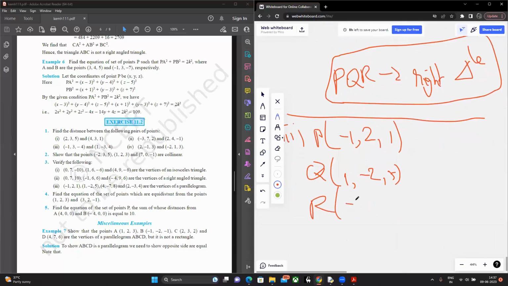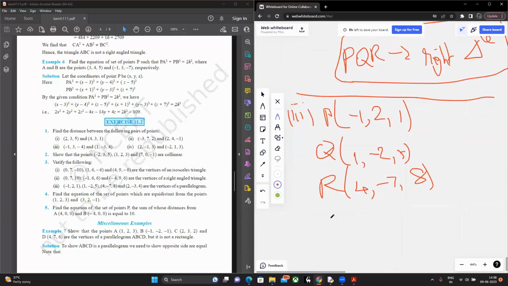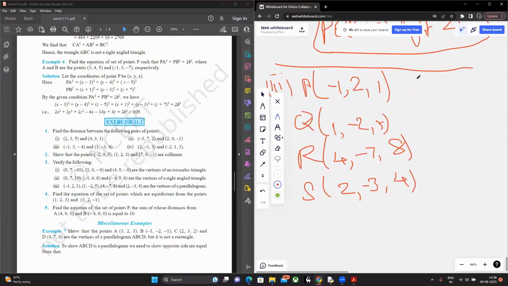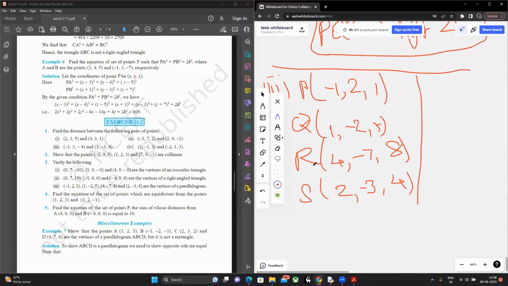And then you have point R of 4, minus 7, 8. And the fourth point S, which is 2, minus 3, and 4. You should show that these 4 form a parallelogram.